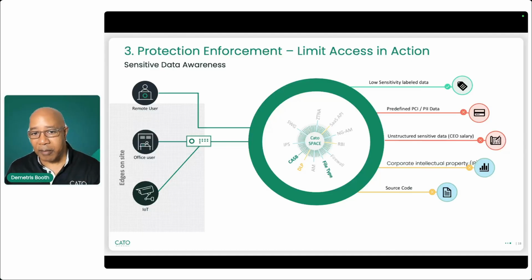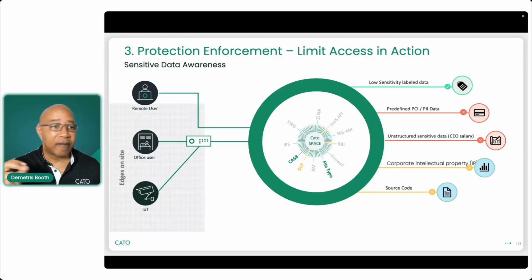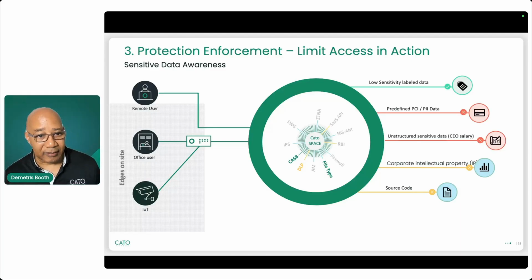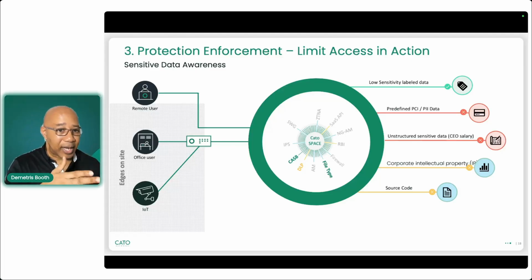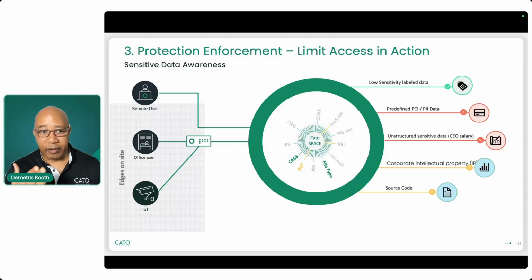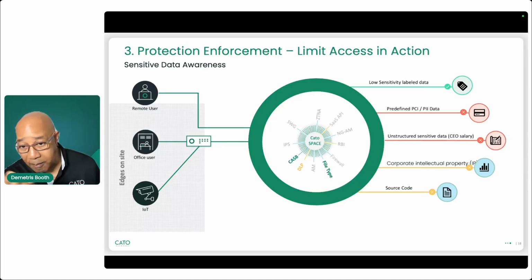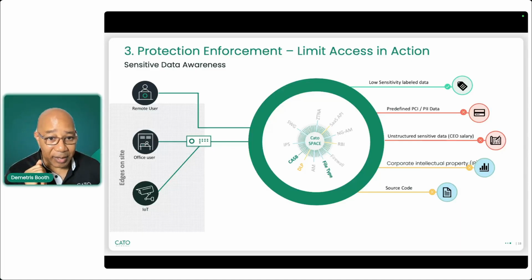We have the ability of identifying what that specific data is, how sensitive it is, and then enforcing the right policy action against it. For example, we can allow low-risk labeled data to go through, or we can stop and control data that can be really harmful to the business, in this case PCI or PII type data.